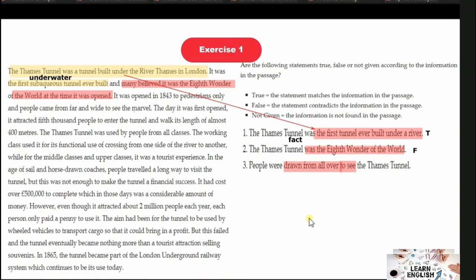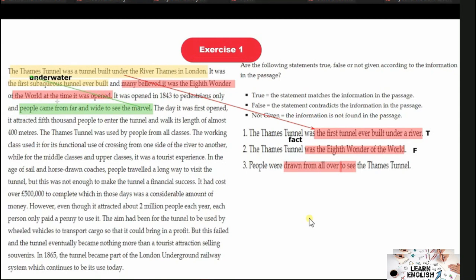Good, Miss Heba. So Miss Heba said what? In which line? The 4th line. The 4th line. And people, look here, Miss Rama, and people came from far and wide to see the marvel. Which marvel? The Thames Tunnel. The Thames Tunnel, simply, right?